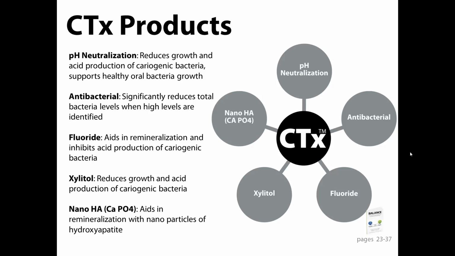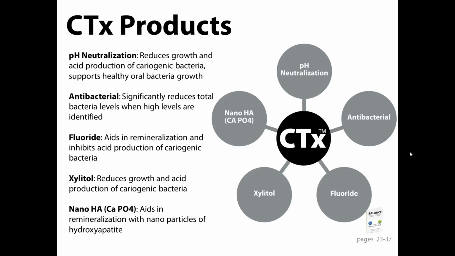The star figure you see is what we call the CTX guide. It provides a standard way for us to quickly assess all anti-caries products based on their contents. Each individual product is given a score based on the number of those 5 components they contain. One of the benefits of the CTX guide is that it makes product comparison conversations with patients very easy.